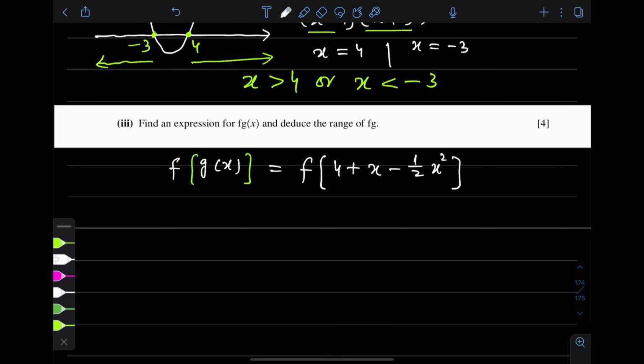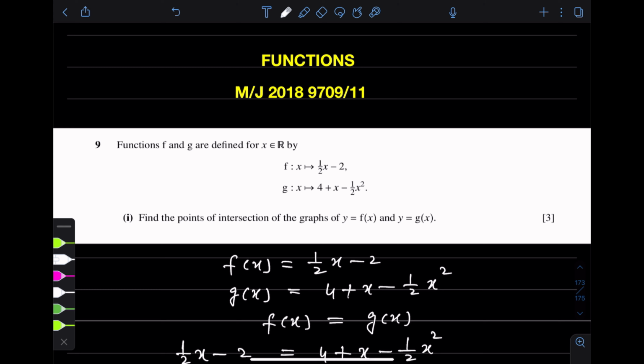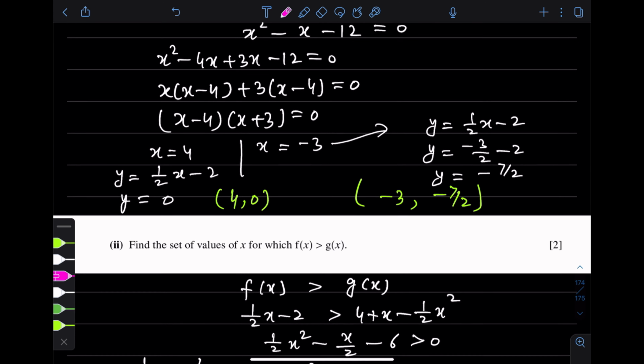Now in the original function f(x), f(x) is 1 over 2x minus 2. So in place of x, we will put this value.